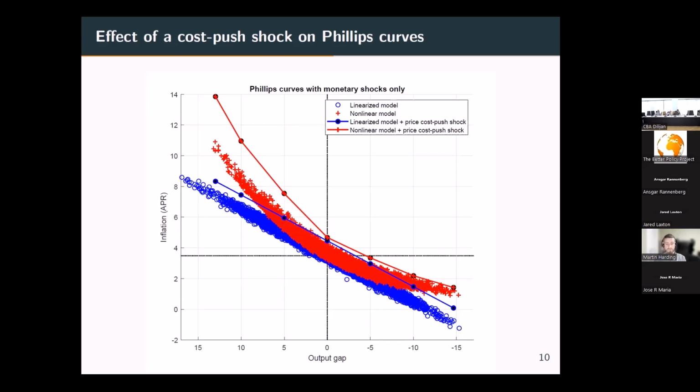And these two facts combined allow the model to deliver a distribution of inflation that is going to be much more in line with the data. Now, you may say all of this is conditional on demand shocks, right? And we know that to understand inflation, both demand and supply forces can be important.